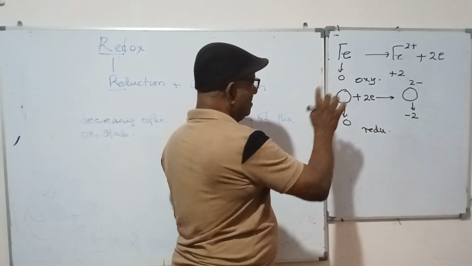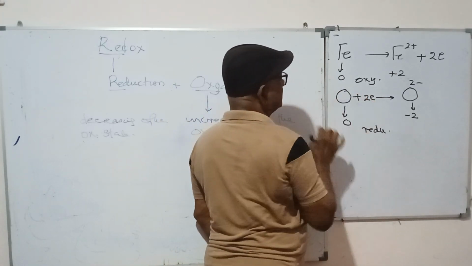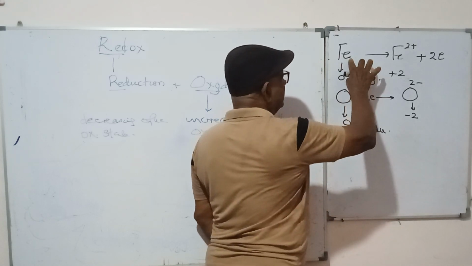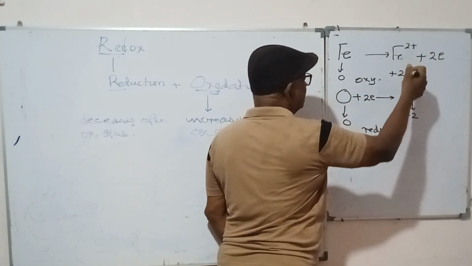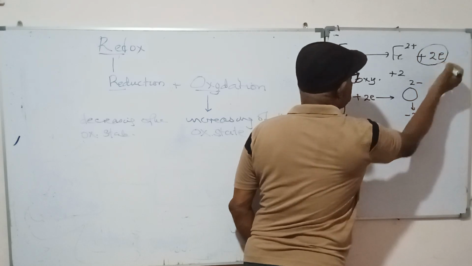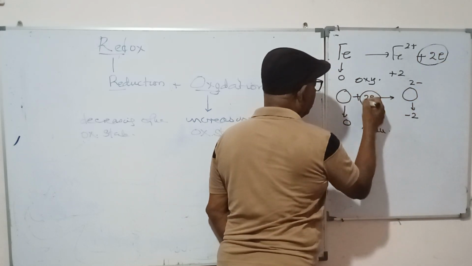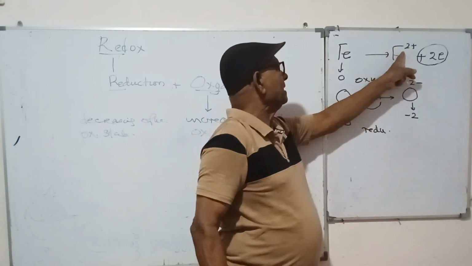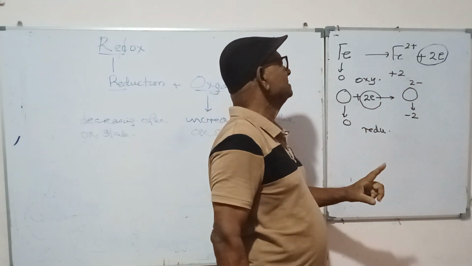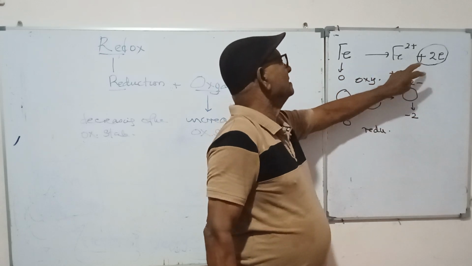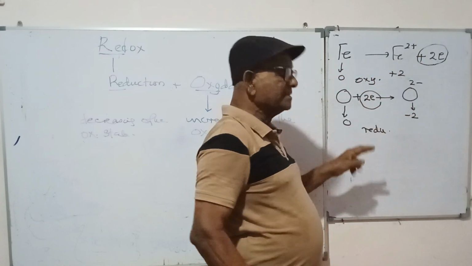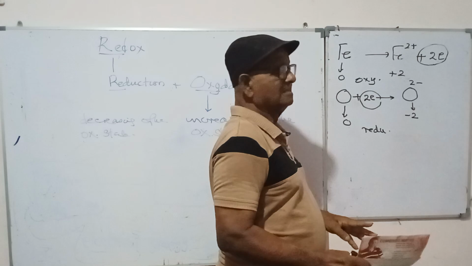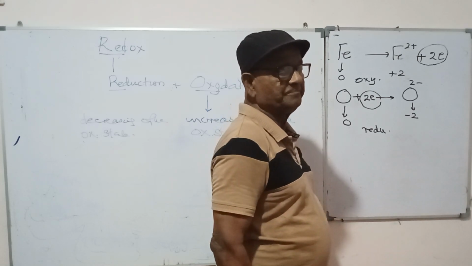Right? Then, why do we explain them as half reactions? Because oxygen needs 2 electrons. If we remove 2 electrons, these 2 electrons can be taken by oxygen. Then to form Fe2 plus and O2 minus, exchange of two electrons happened.